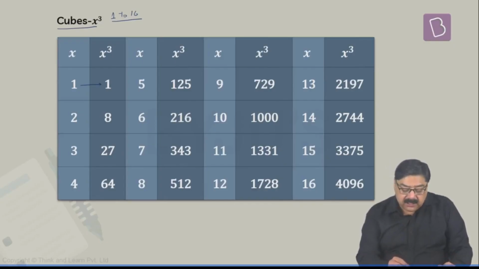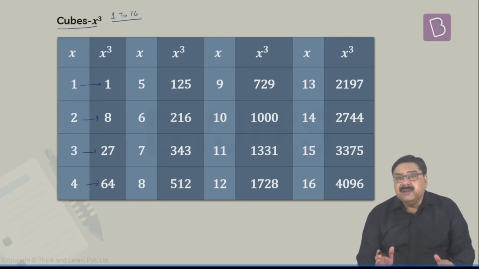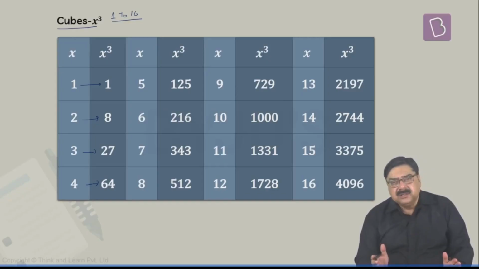So 1 is 1, 2 is 8, 3 is 27, 4 is 64, 5 is 125, 6 is 216, 7 is 343, 8 is 512, 9 is 729, 10 you know is 1000. 11 is 1331, 12 is 1728, 13 is 2197, 14 is 2744, 15 is 3375, and 16 is 4096.